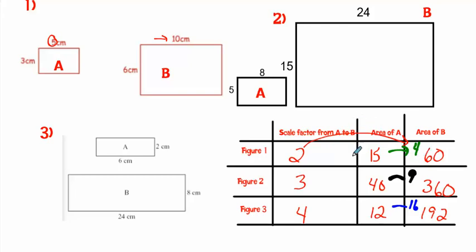In this case, 15 times 2 times 2, or 15 times my scale factor to the second power, gives me 60. Ding, ding, ding. You see how this is my scale factor to the second power? 3 squared equals 9. Okay, so let's write something out here.